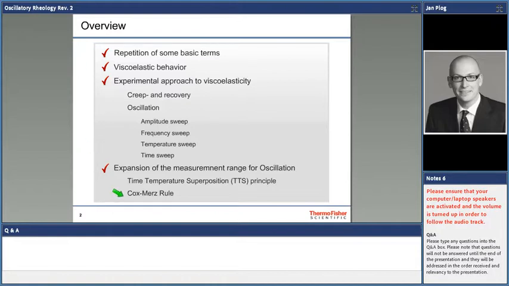I'm going to talk about the Cox-Merz rule, and how the shear viscosity and the complex viscosity that you measure in oscillation can be compared to each other.